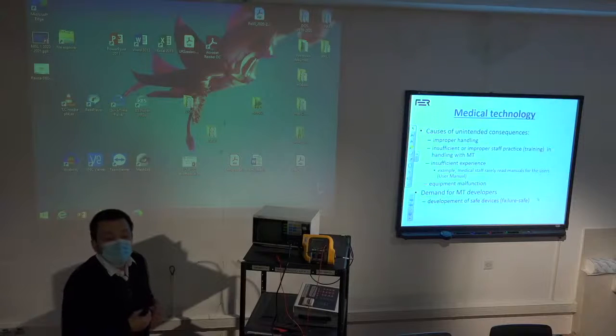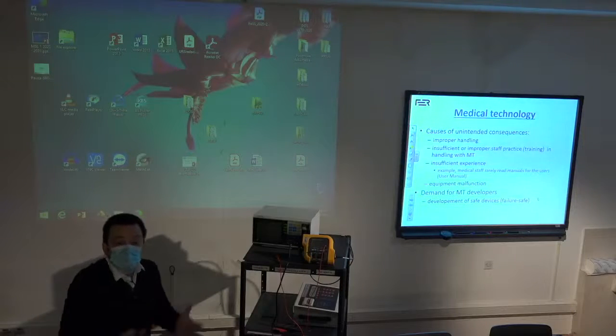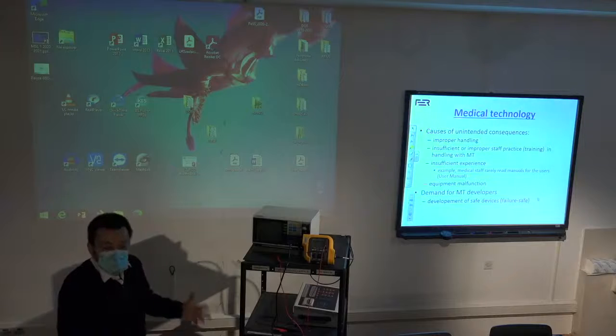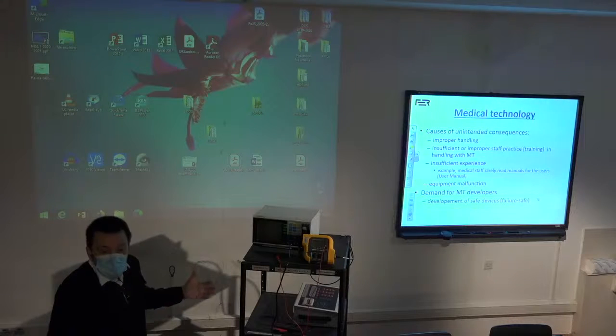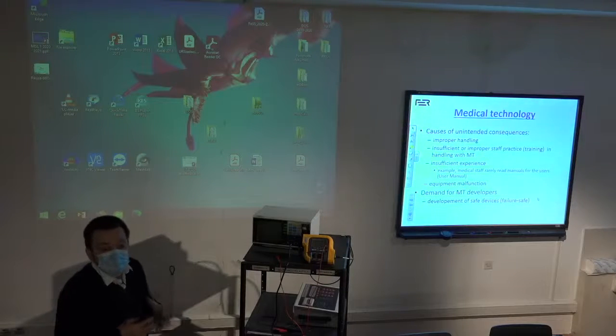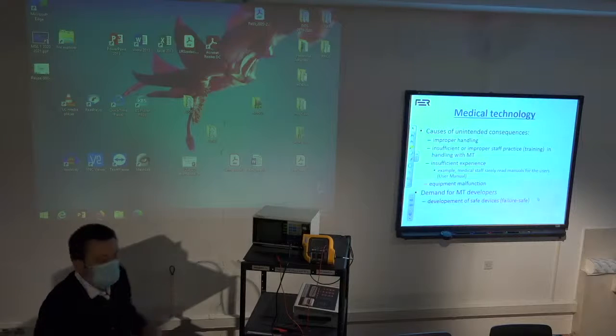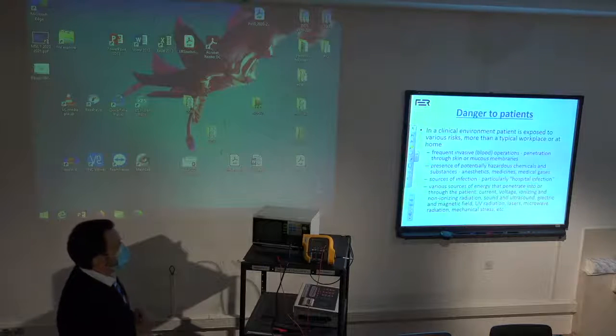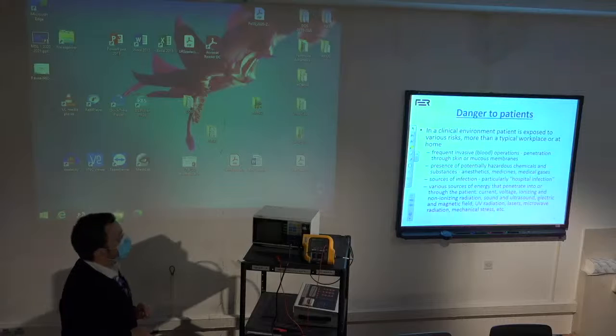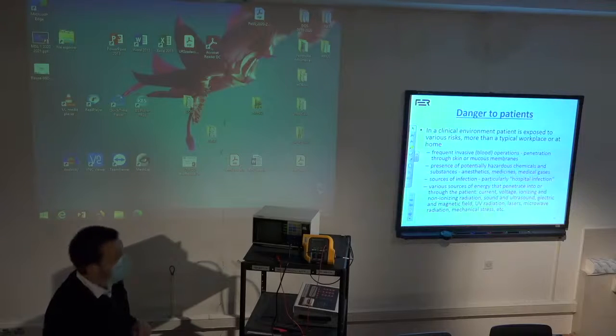And that's why also when they develop vaccines, it takes people a long time to prove that something is safe for application on humans.